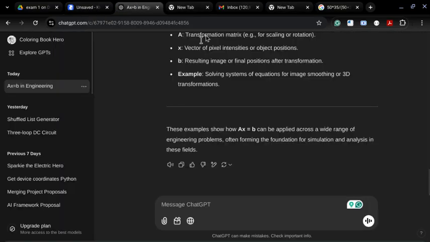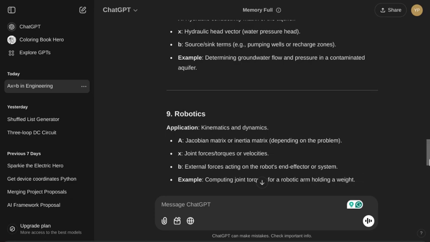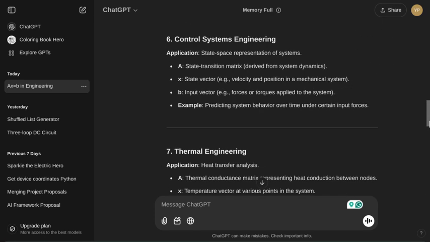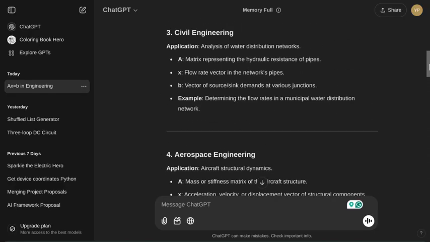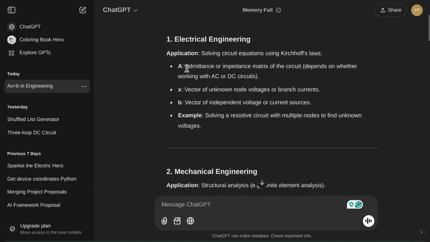So here you see, different engineering I have told, right? So admittance or impedance matrix. Okay, so whatever that A matrix we considered, it is called admittance matrix.